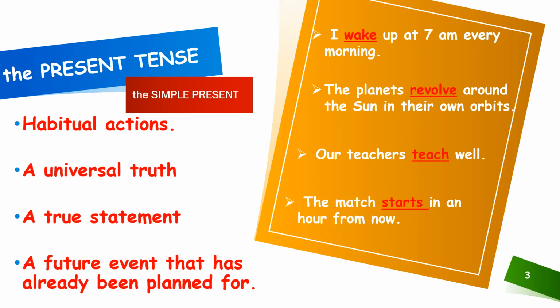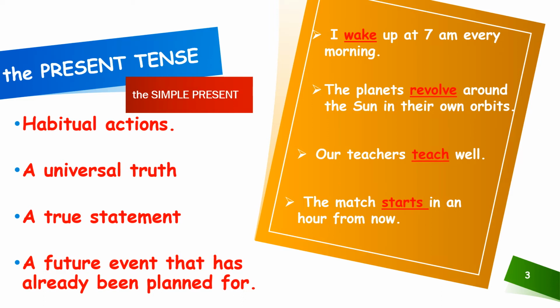Now, we also talk about a universal truth, something which never changes. The planets revolve round the sun in their own orbits. This is something which is scientifically proven, and we know that it is a universal truth and it is applicable for anyone at any time, at any place, all over the world.